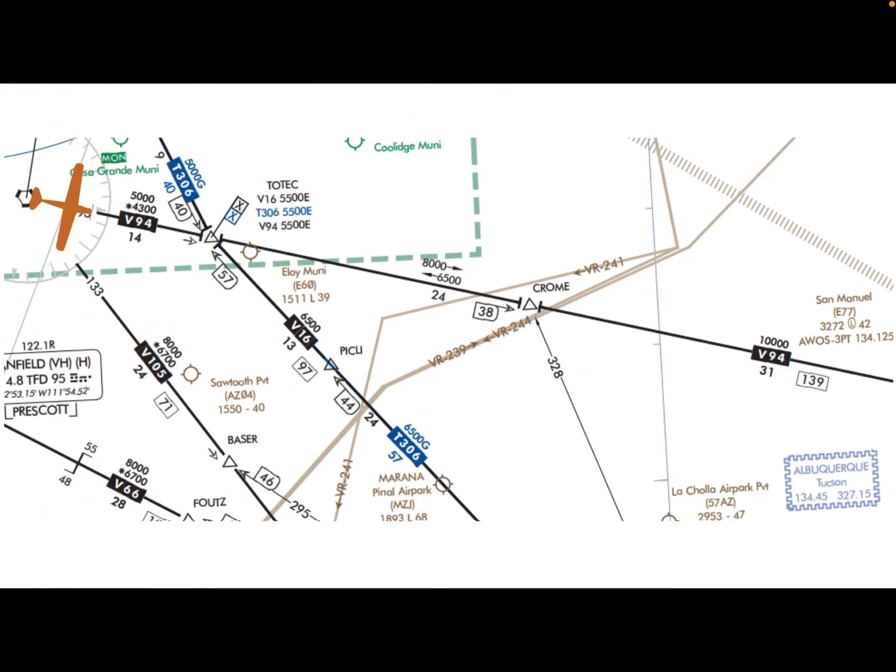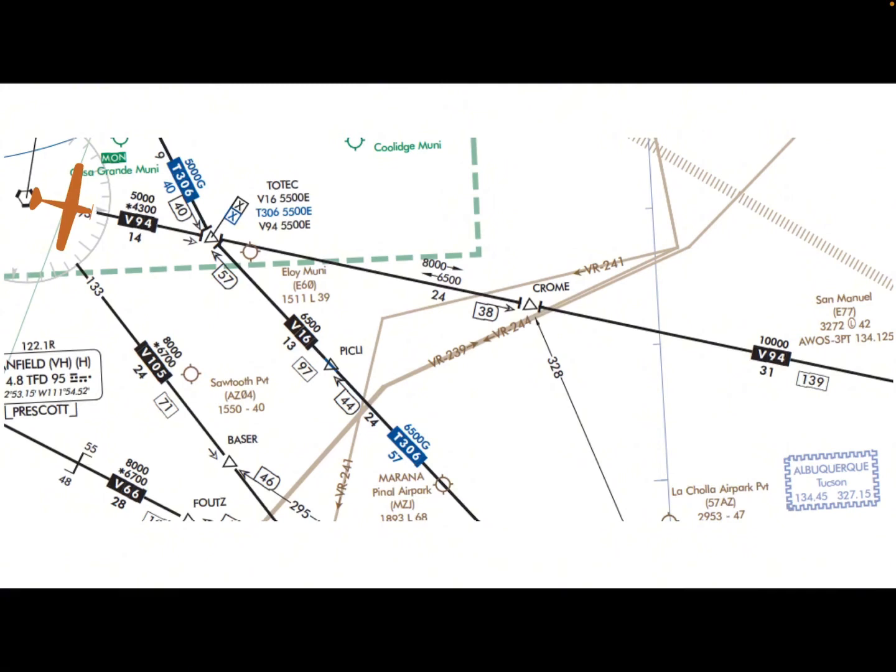So if an intersection doesn't have an MCA, but it ends in a T, denoting that it's going to change MEAs as you fly through the intersection, you pass the intersection at or above the first MEA, and then once you pass the fix, you are expected to climb immediately with a climb gradient of at least 200 feet per nautical mile to the next MEA.